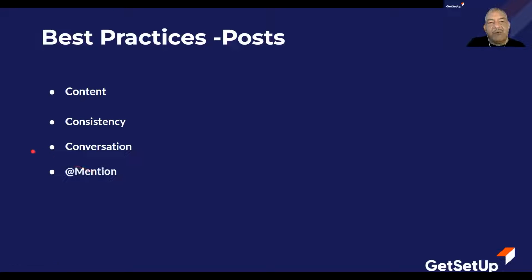Besides that, in order to generate more response to any content, we use the at-the-rate mention. Say, for example, I am responding to a post, and one of my colleagues would be interested in the post but has not yet seen it.